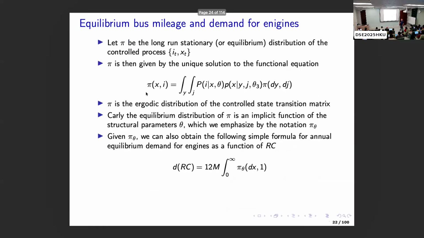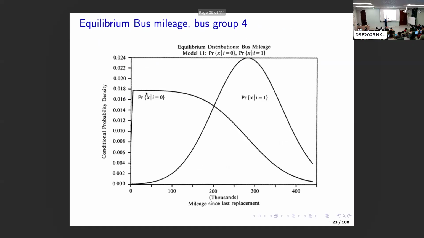Once you've got the conditional choice probabilities and the state transition, you can find the ergodic distribution of this state transition just by finding the fixed point of that equation. And that's going to be one for if you're replacing and one if you're not replacing. So they'll look like this.